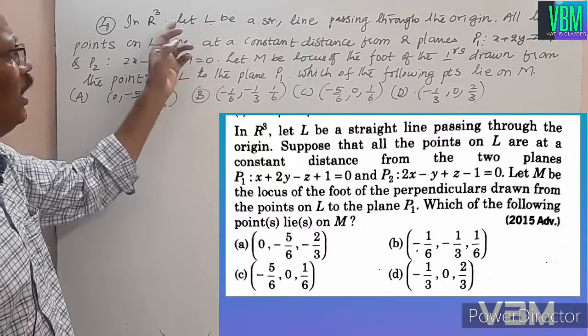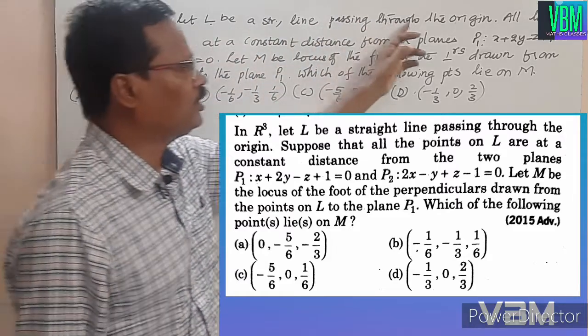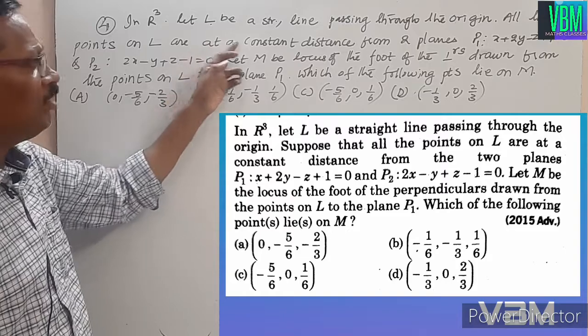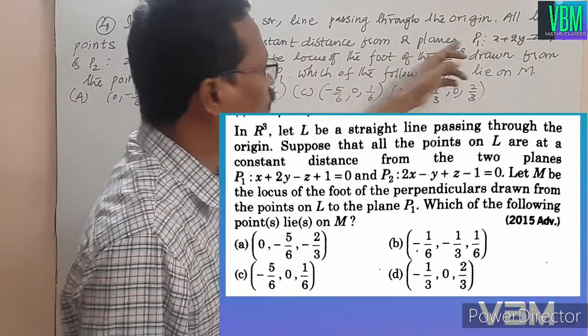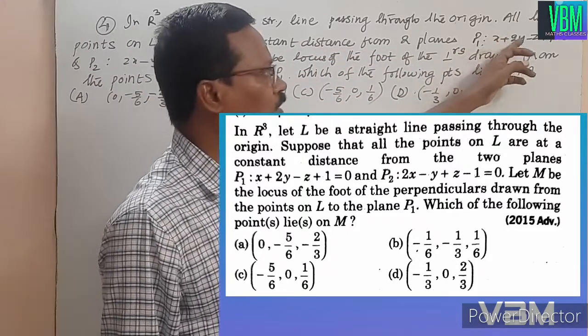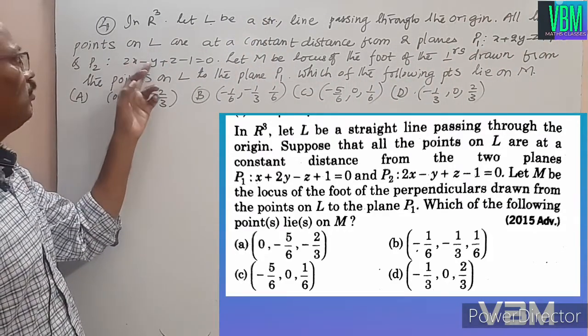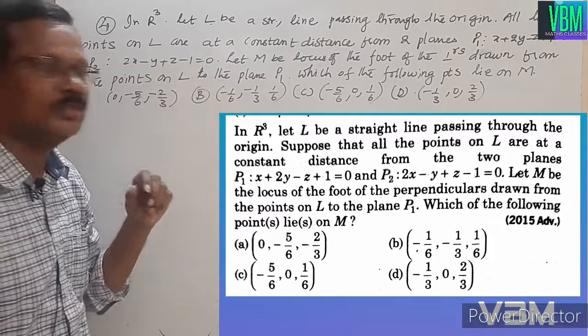Let L be the straight line passing through the origin. All the points on L are at a constant distance from two planes P1: x plus 2y minus z plus 1 is equal to 0 and P2: 2x minus y plus z minus 1 is equal to 0.